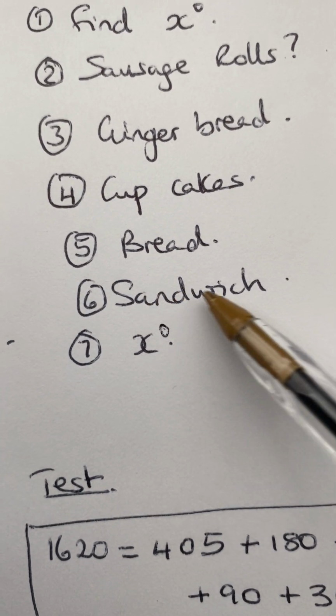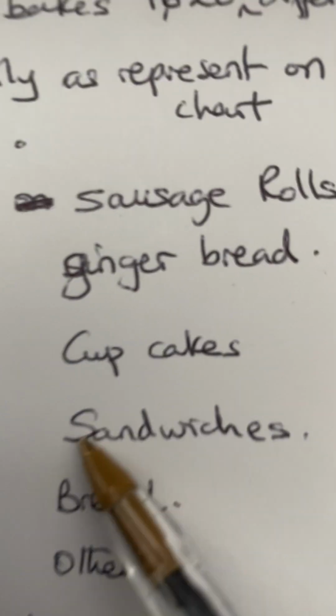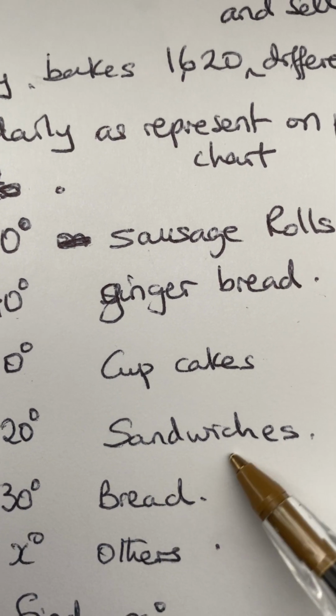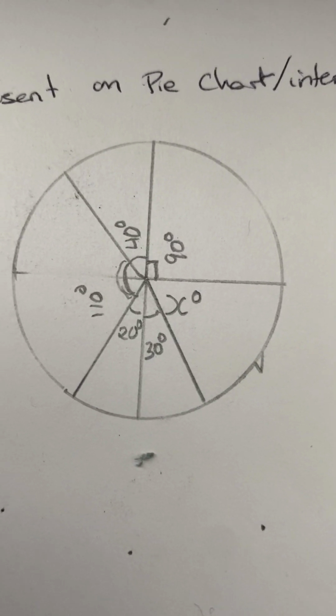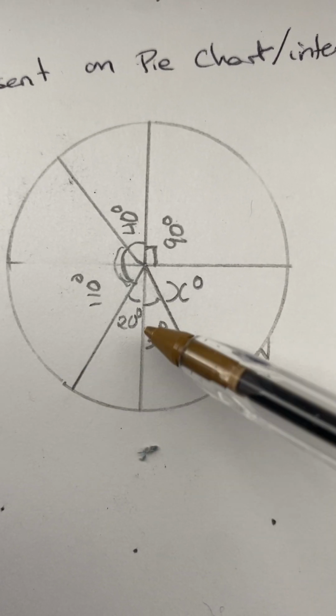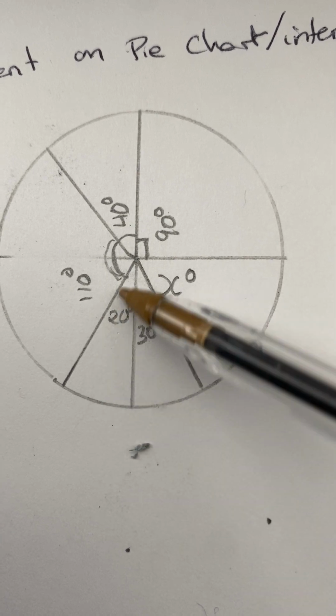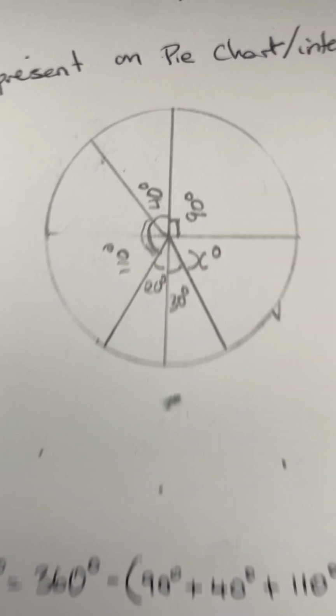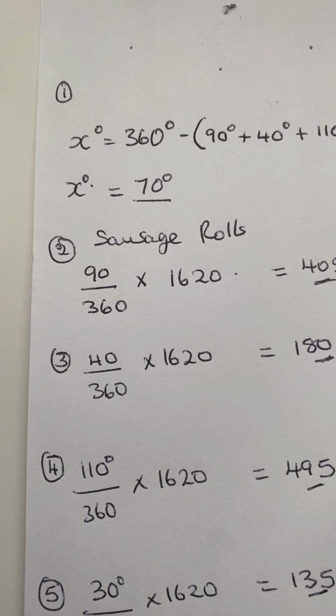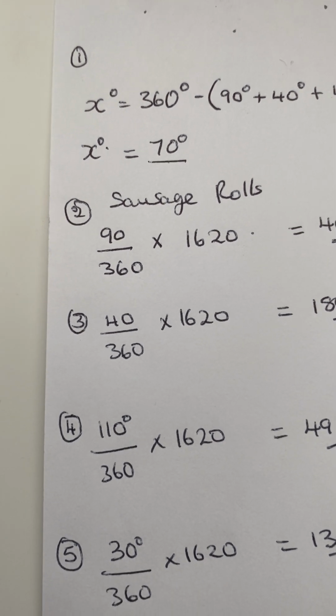Question 6 is sandwich. Sandwich in our question is 20 degrees, which we represent on the pie chart here.